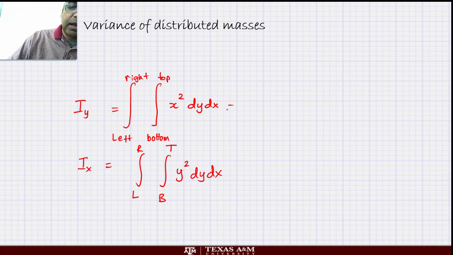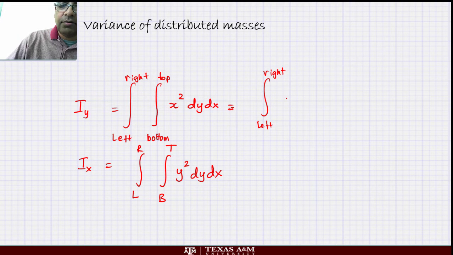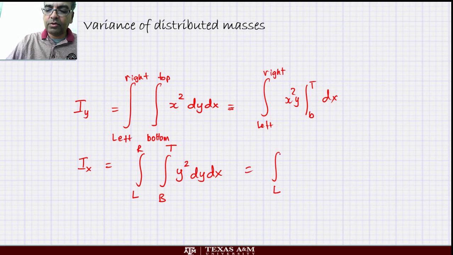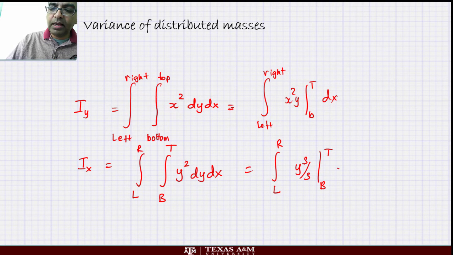This is actually a fairly easy integral because this equals integral left to right of x squared y between bottom and top dx, and this is integral left to right of y cubed over 3, bottom to top, dx.